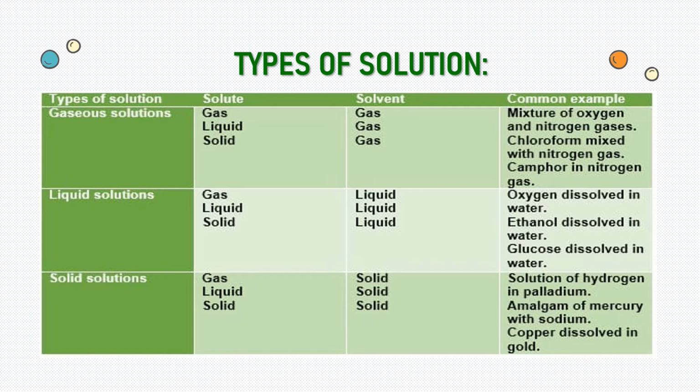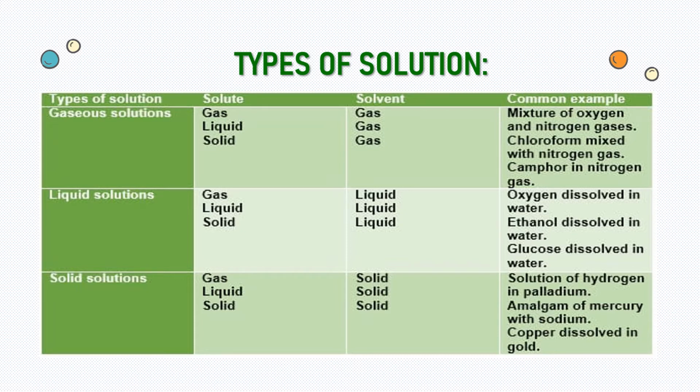We know that a solution can be a solid solution, liquid solution or gaseous solution depending upon the state of solute and solvent. So for understanding, just see the various examples given in this table. First is the gaseous solution.